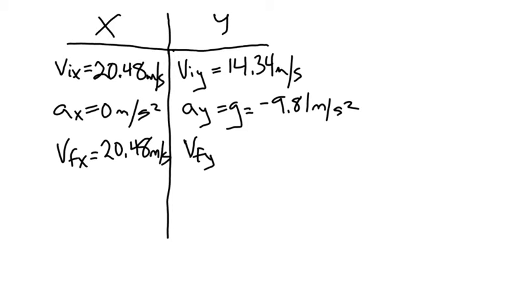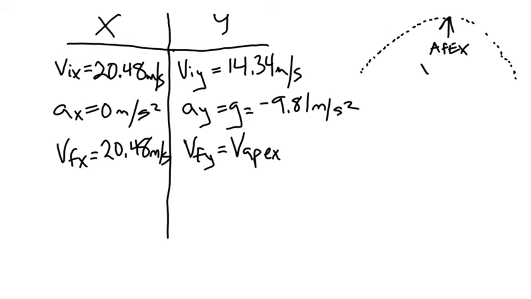We don't really know, but we do know something about the apex. When a projectile is fired, we get this nice parabolic path, and at the apex, the velocity in the y achieves 0 meters per second.